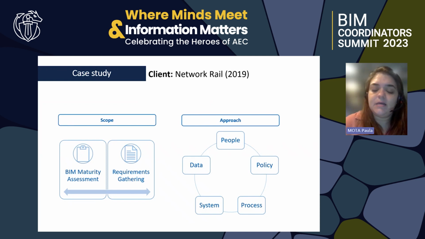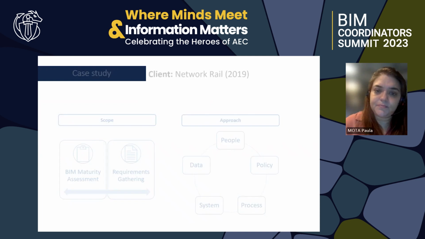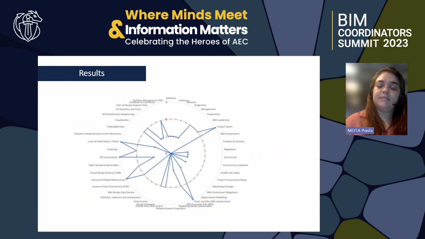Our approach, as I said, uses the same areas as the BIM maturity matrix: people, policy, process, system, and data. To show the results to the client, we did some dashboards. This graphic, for example, shows every topic. Let me show you here with my mouse. Every topic that we analyzed, regardless of the area, is shown here, with stage 0, stage 1, stage 2, and 3.